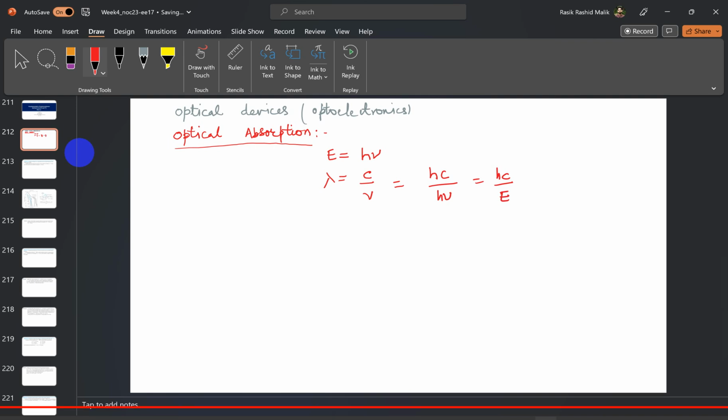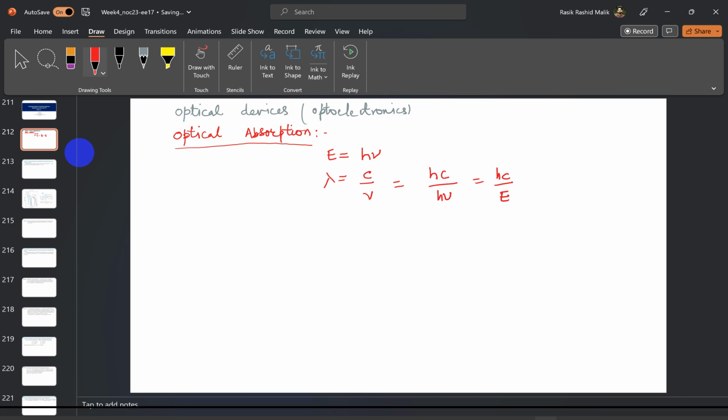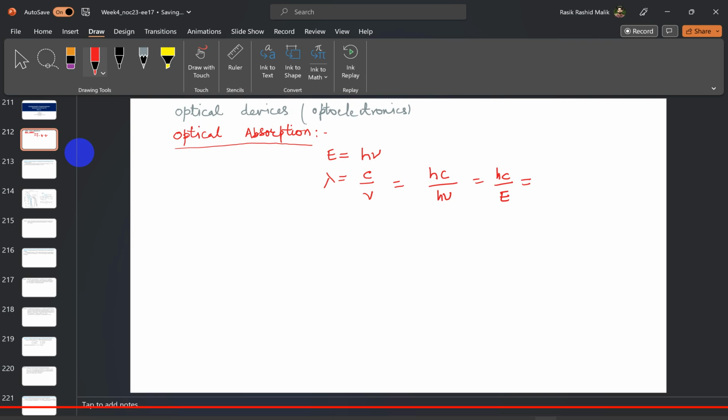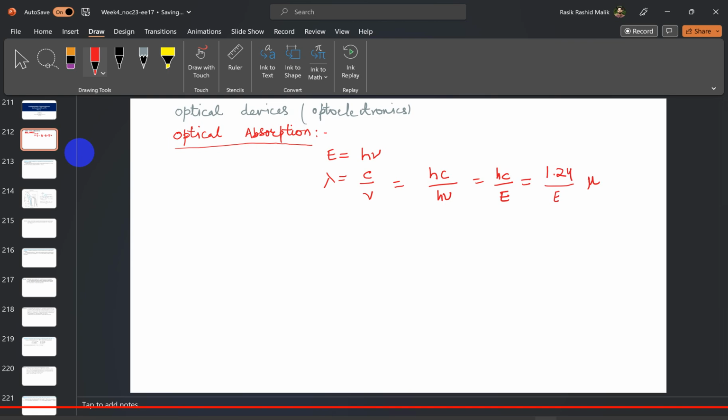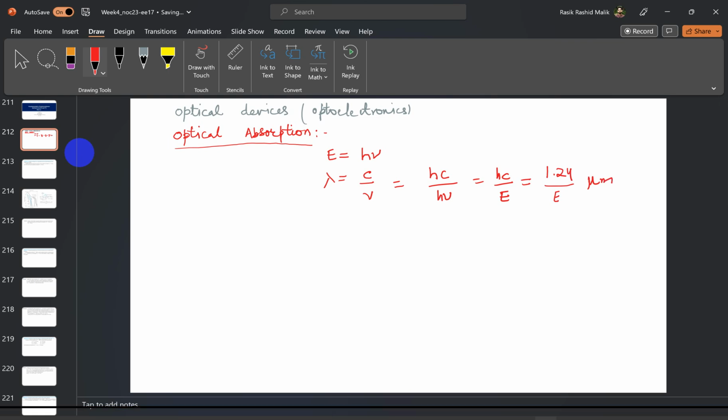If I substitute the values of the speed of light and Planck's constant, keeping energy not in joules but in electron volts, this comes out to be lambda equals 1.24 by E, where E is in electron volts and lambda is in micrometers. Okay, so now talking about the optical absorption, there are several possible photon semiconductor interactions.